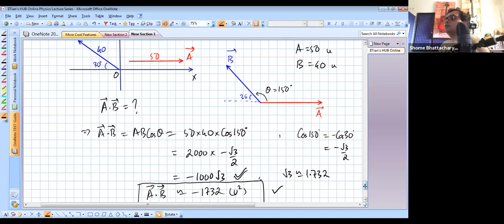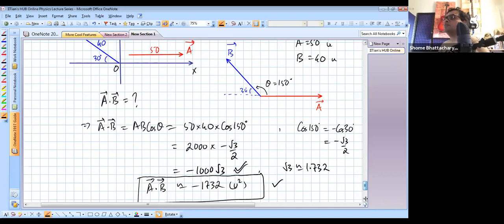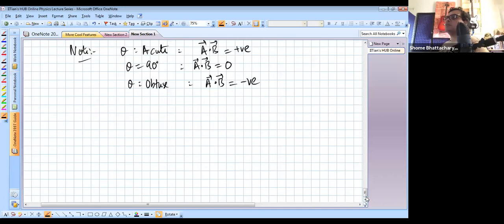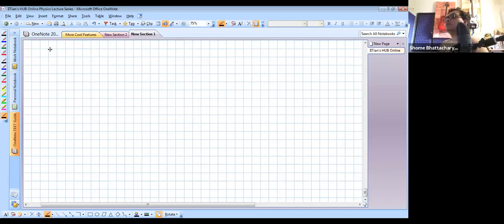Okay. Right. So now that we have understood the simple definition, and there's nothing difficult in it, as you can see, now we come to properties of the dot product. So you've seen the definition. Next thing we see is properties.